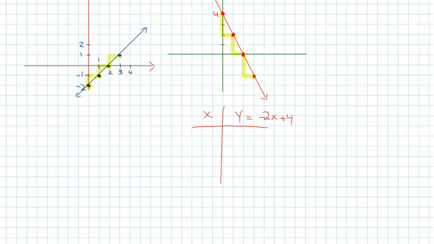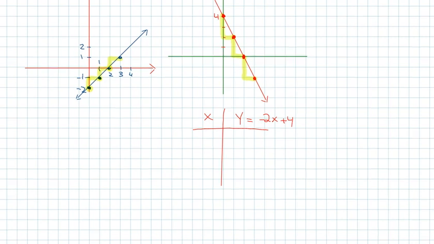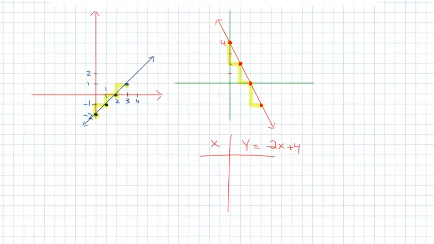What values of x do you think I'm going to pick? 0, 1, 2, 3, 4, as much as I can. You can pick any numbers for x. It's not going to affect your graph. The only difference is where you start drawing it. It's going to be overlapping, okay? I'm going to start with 0, 1, 2, 3, 4.